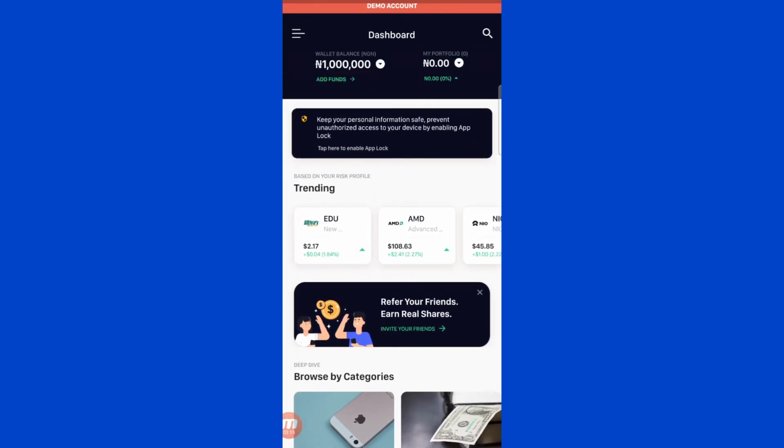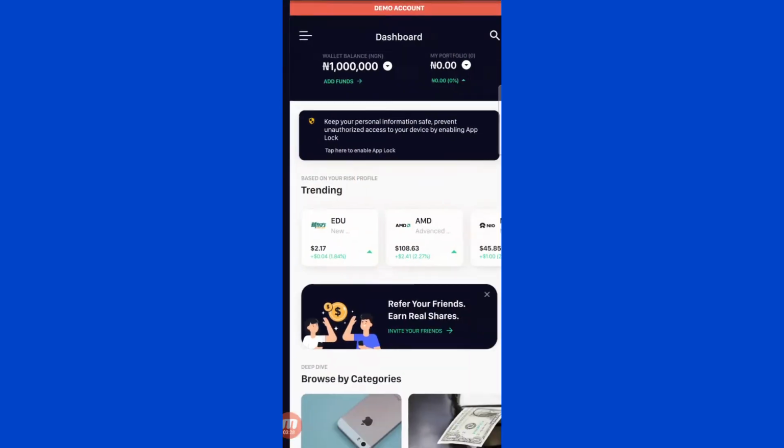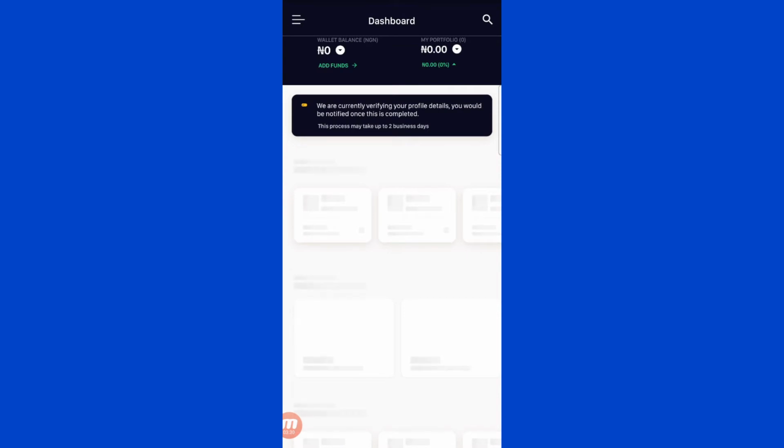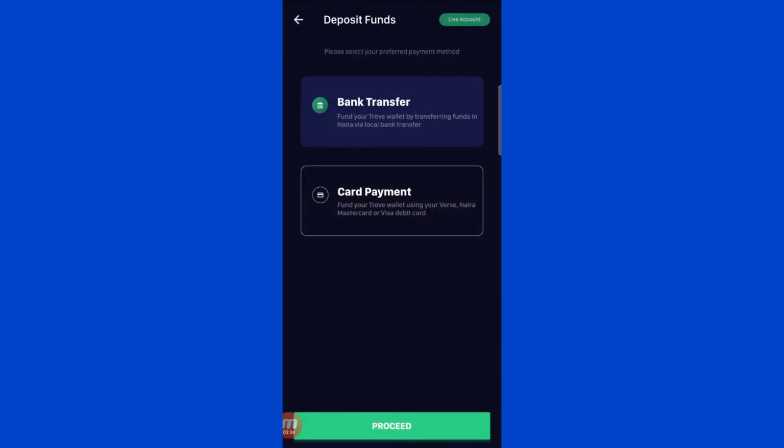So let's quickly just click on add funds here and see. Okay, so they said here that deposits are disabled in demo virtual accounts. So obviously I have to go back to live account, so I show you how their funding process is. So let's just click on add funds here.